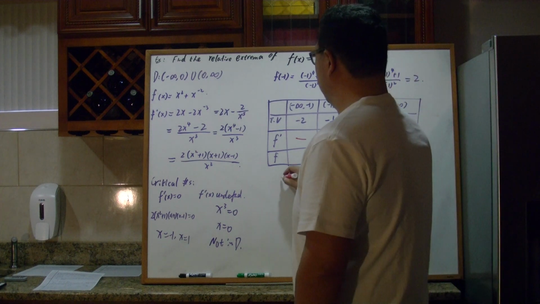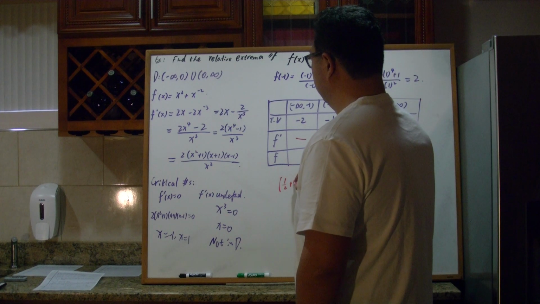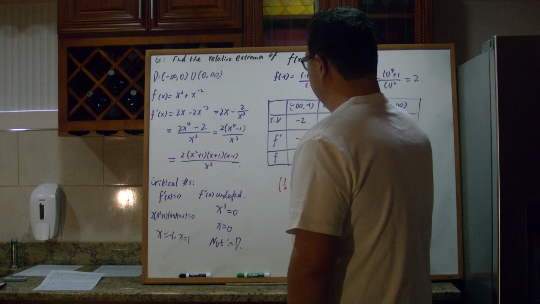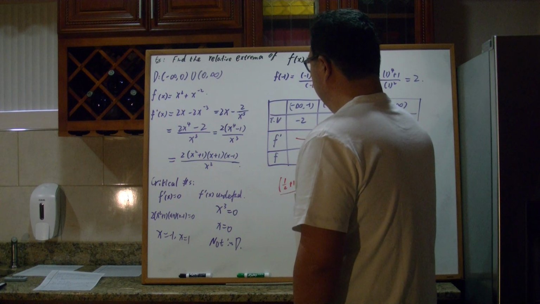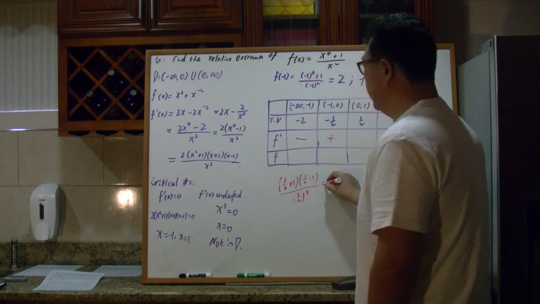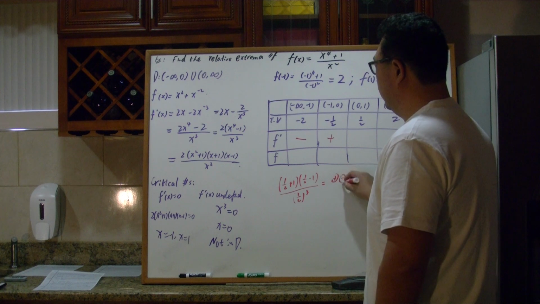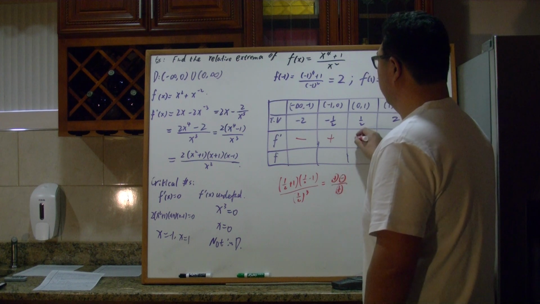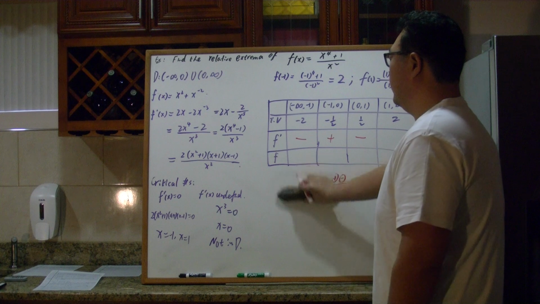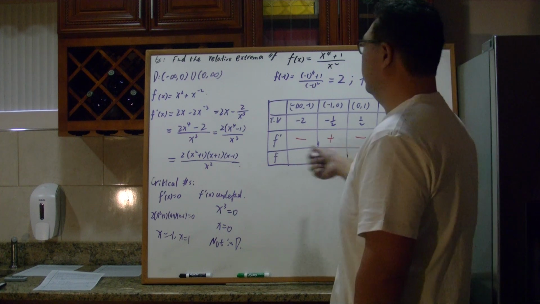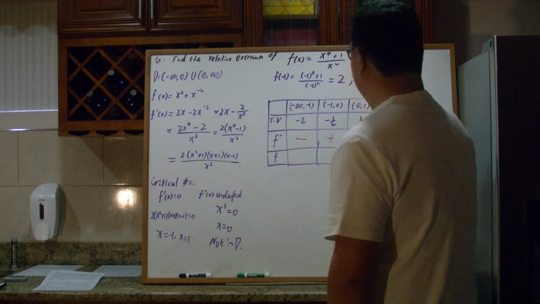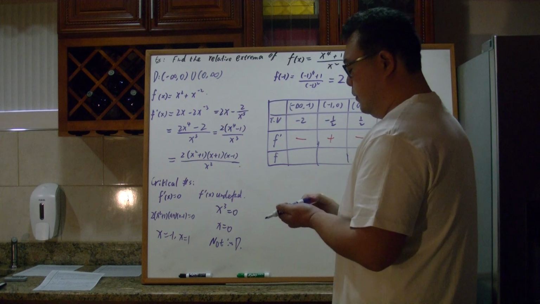And the third one, we have 1/2 plus 1, 1/2 minus 1, and 1/2 to the third. We get a positive number, negative number, and a positive underneath, so we get a negative. And at the end, similarly, with 2 as input, everything is positive, so we get a positive number.